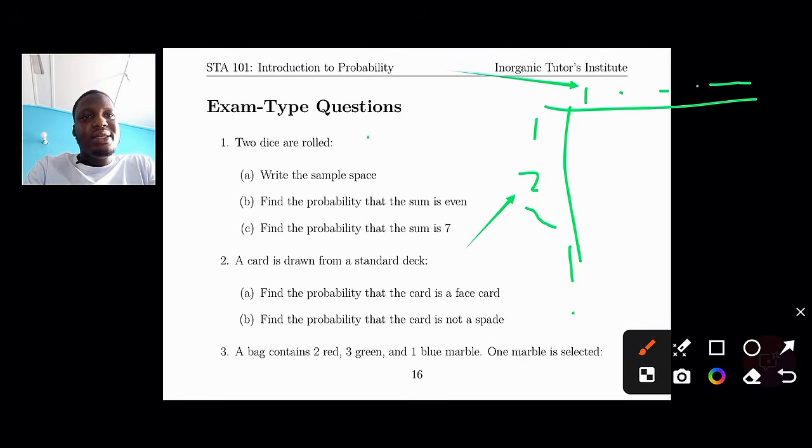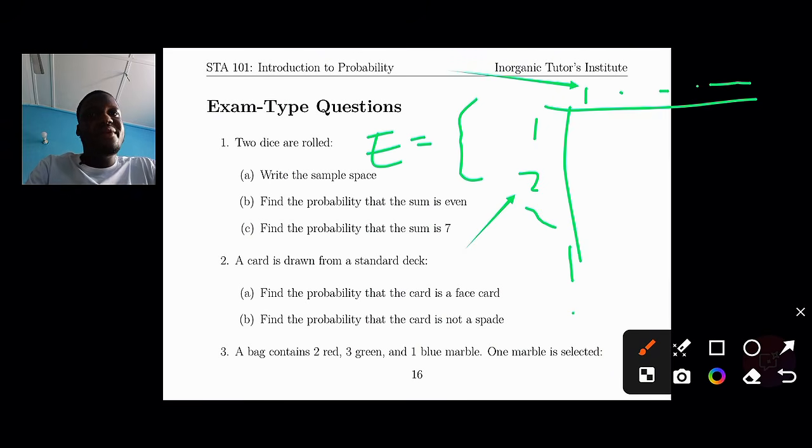B is find the probability that the sum is even. So you write the event E, then you list all outcomes that make the sum even. We have 1, 1, we have 1, 3, we have 1, 5, we have 2, 2, we have 2, 4 in that order. Okay, so you list all of them, then you count them.